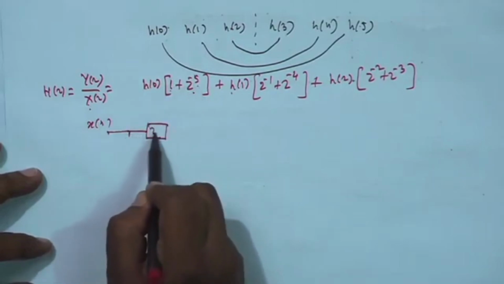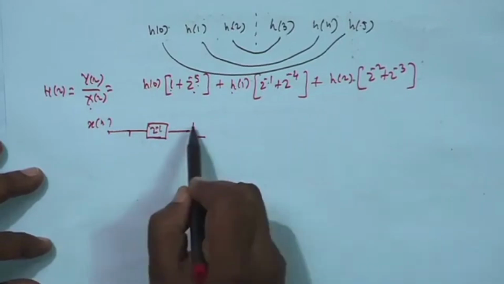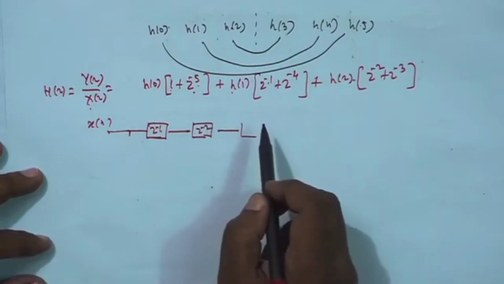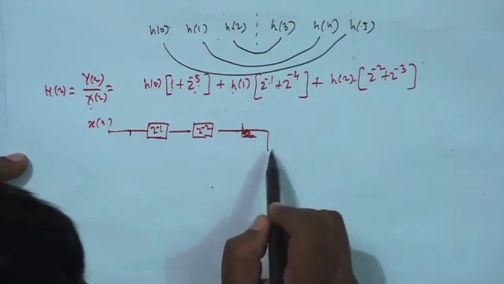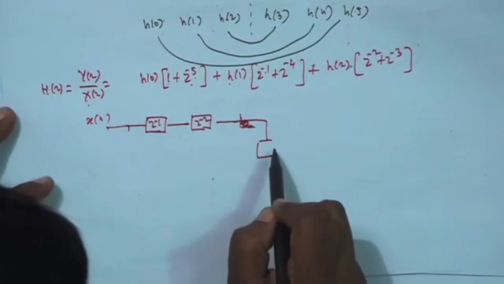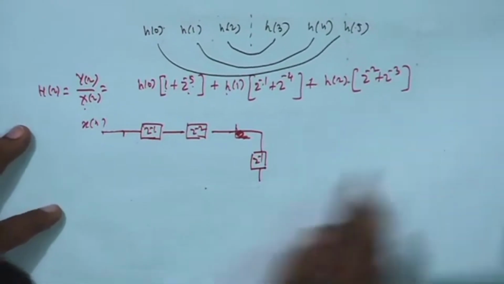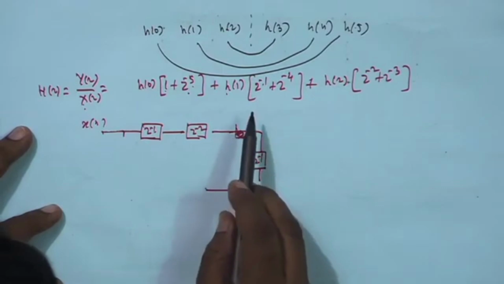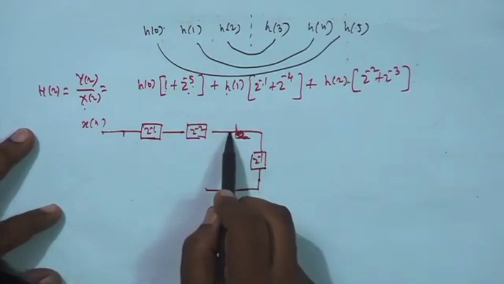Okay. So, one delay, Z inverse 1, then another delay, Z inverse 2, another delay. Now, this is the interesting thing, you put a delay here. So, Z inverse 2, Z inverse 3.